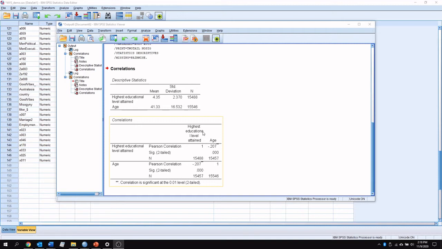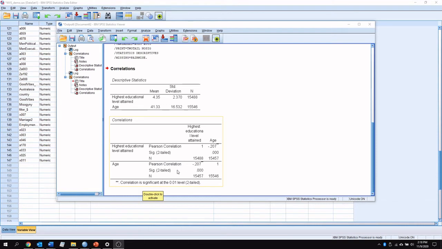So looking at the variables that we have here, we're looking at education level and age, and we can see the number of interest here is the negative 0.207, and we can also see 2 asterisk signs. So that's going to tell us right off the bat that our correlation is significant at the 0.01 level.